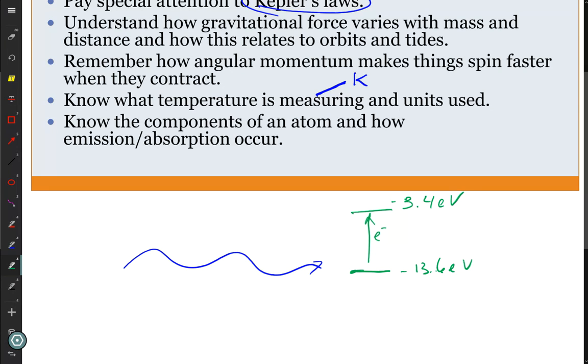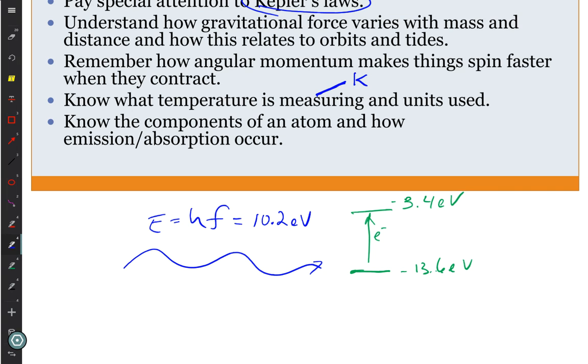Because that's what the energy levels are for the bottom and the next energy state for a hydrogen atom. So if a photon comes in, remember the energy of the photon depends on the frequency. So we have energy equals h times frequency, where h is a constant. If this energy is exactly equal to the difference between those two, 10.2 electron volts, then the electron can absorb the energy.